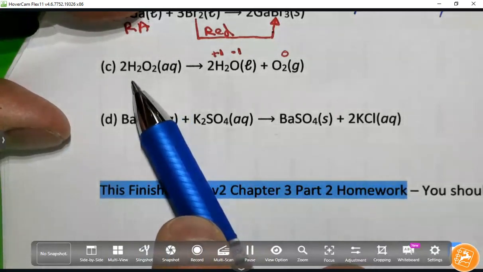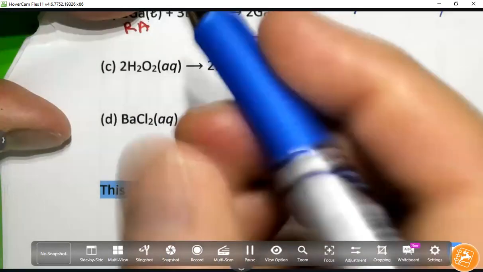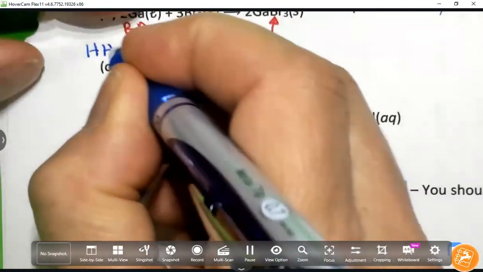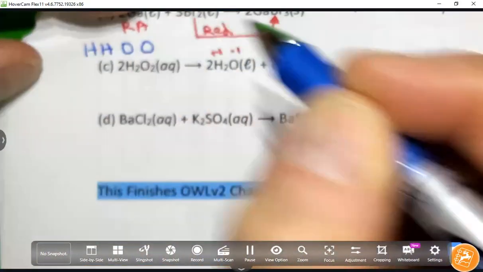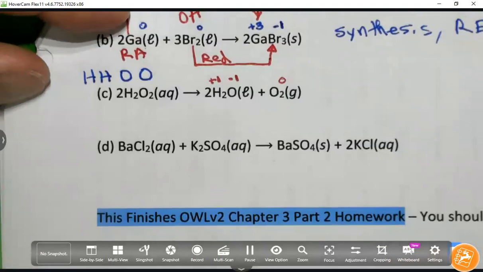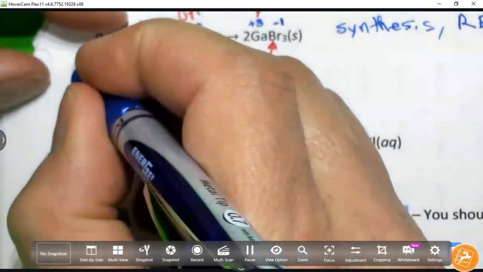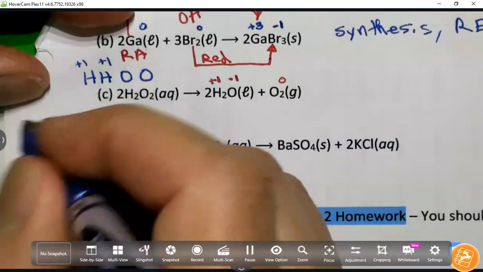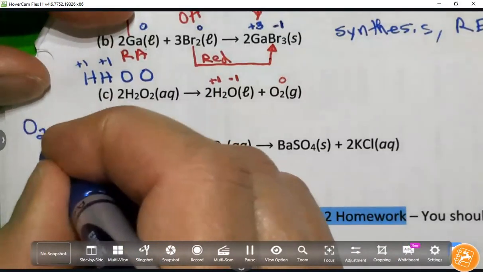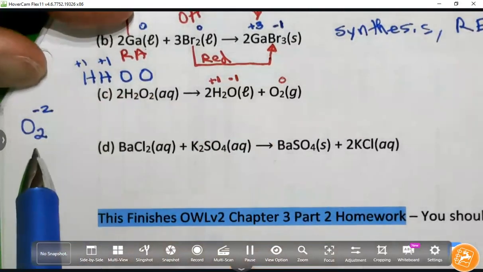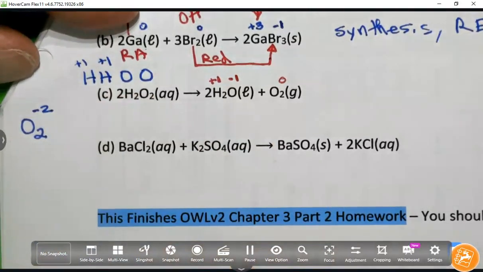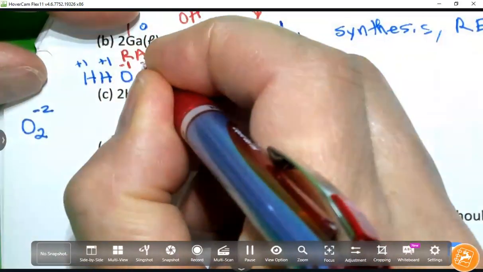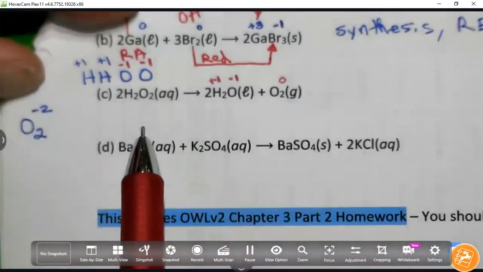It's the only way for this to work. +1 +1. Remember, peroxide is O2 -2. And if that's O2 -2, then these oxygens are -1 each in peroxide.